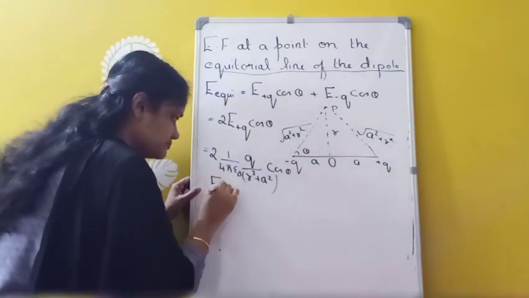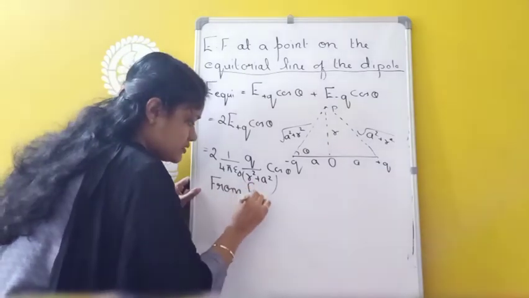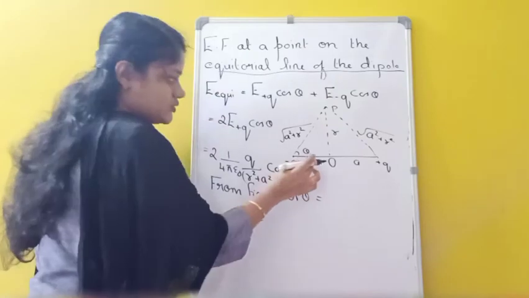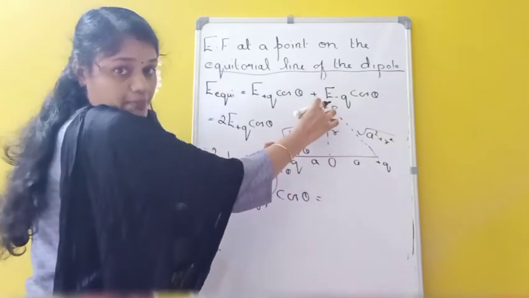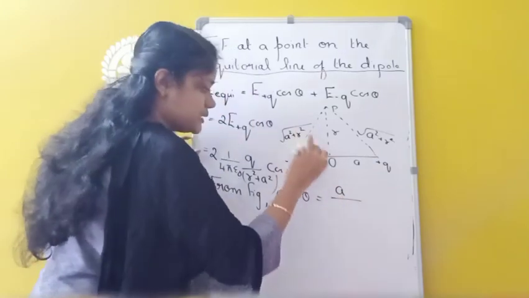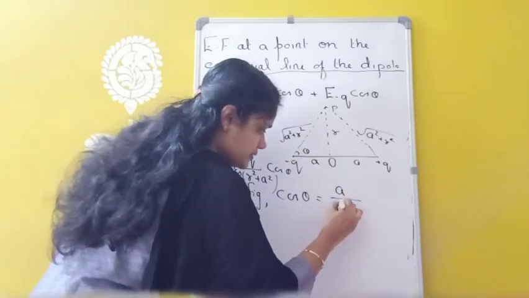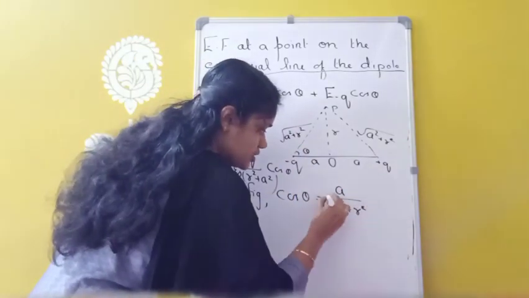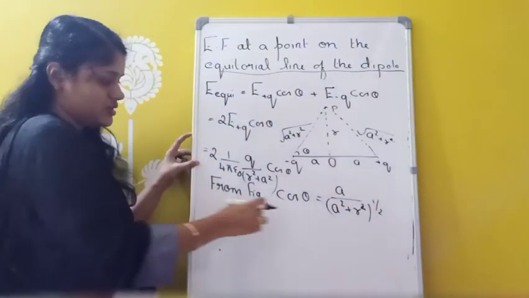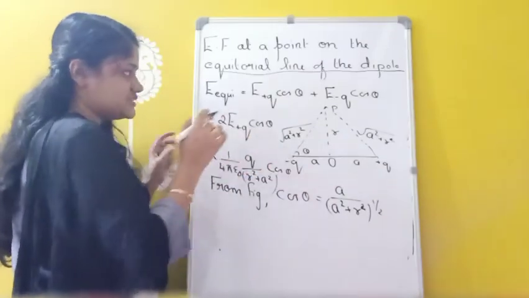So from the figure, what is cos theta? Cos theta equals adjacent side divided by hypotenuse. What is the adjacent side here? A, divided by the hypotenuse, A square plus R square root, means raised to 1 by 2. I am substituting this value in this formula.